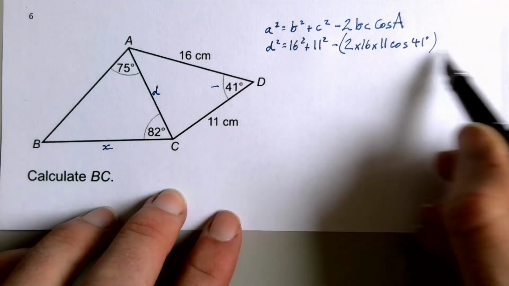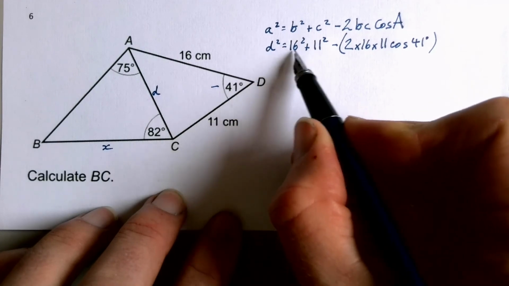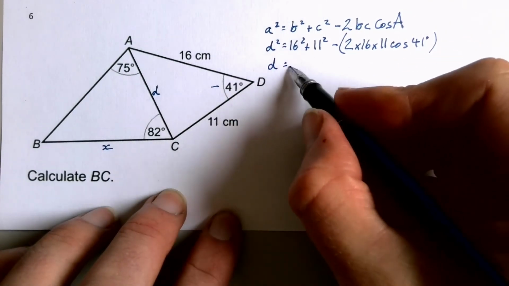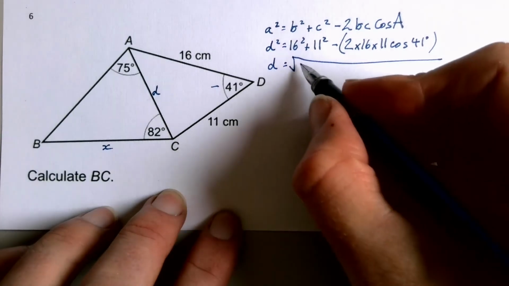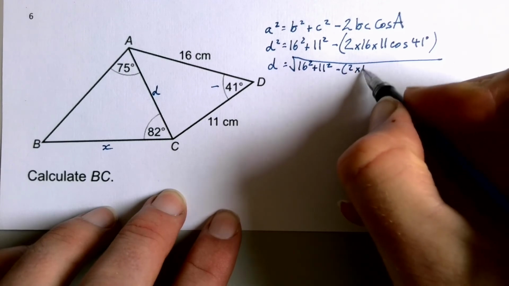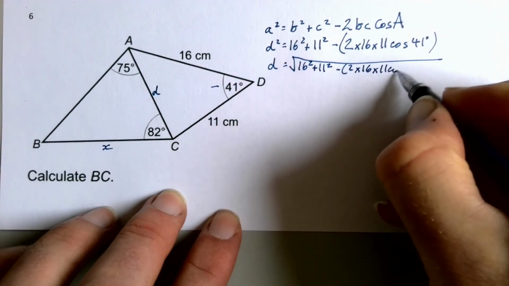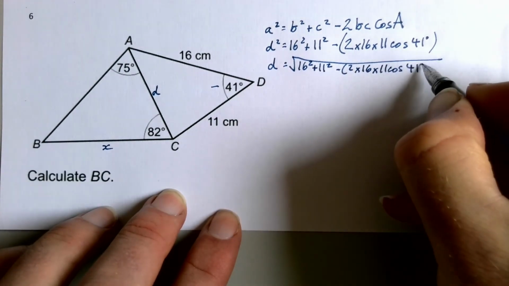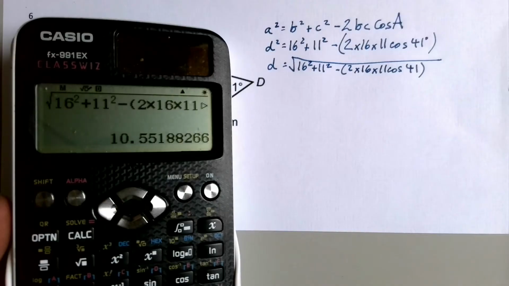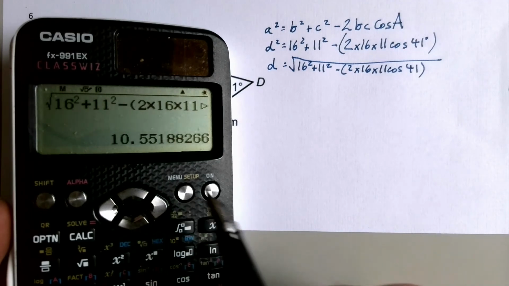So if I do all of that, then what I want to do when I've worked all of that out is do the square root. Now I like to put things into the calculator just once, so I could just do the square root of all of that, and I could have written that first of all, couldn't I? Anyway, pop that into your calculator and see if you get the same as me. And I've got 10.55 there.